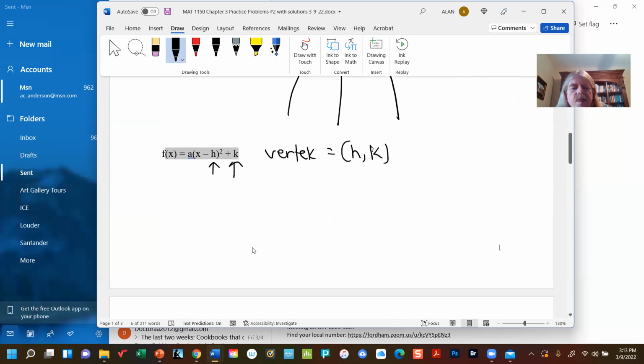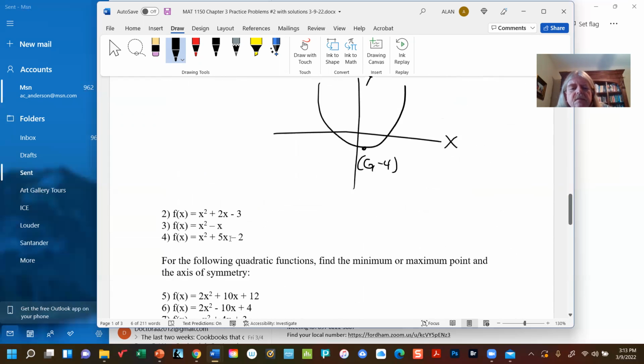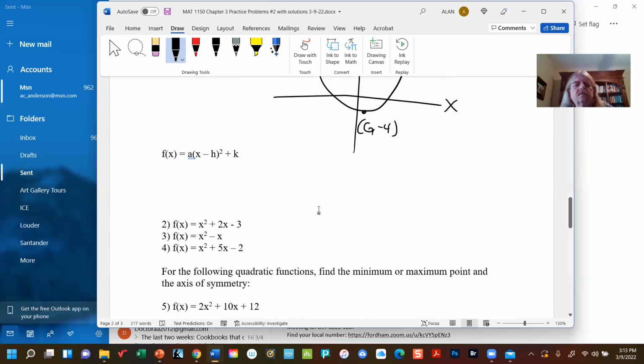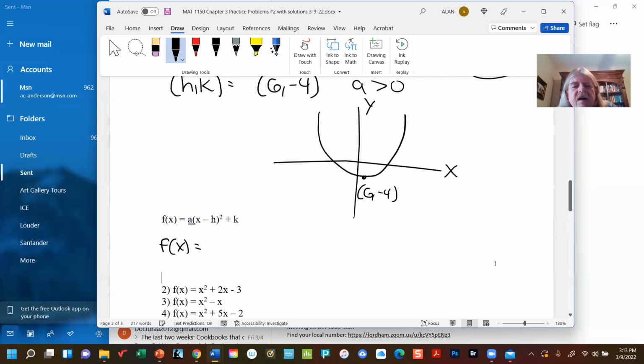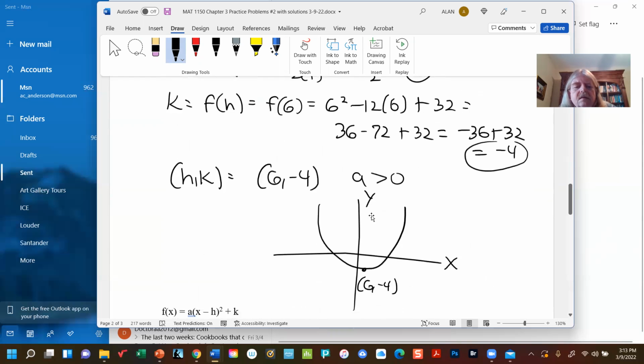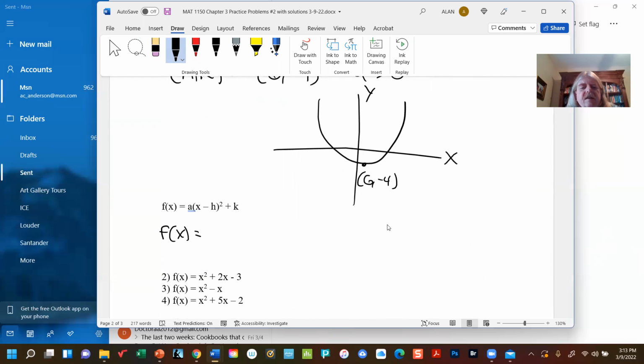Okay, so when we do that, we have f of x equals, so remember up here we define a as 1. Then we'll have, so we don't need to write it, x minus h, which is 6, squared, plus k, which is actually negative 4.